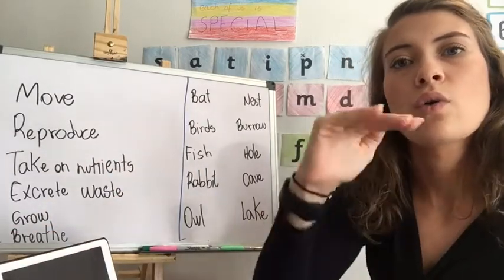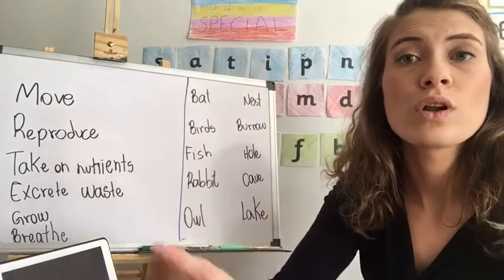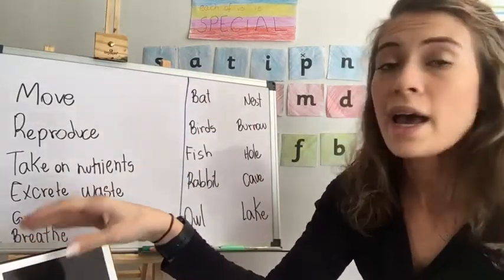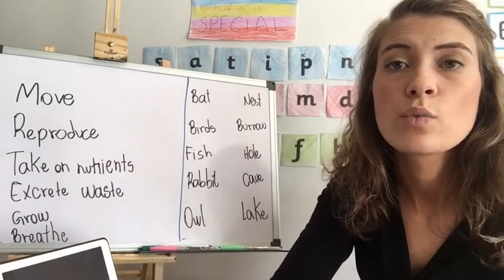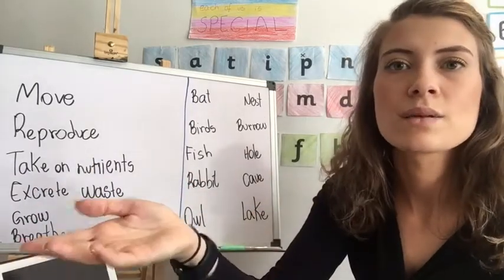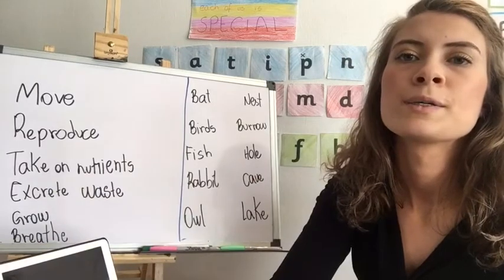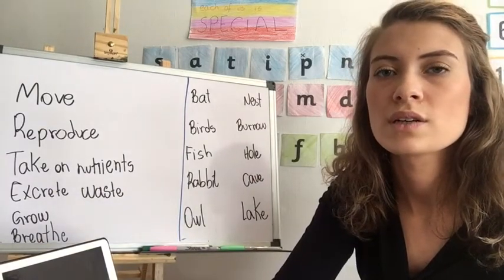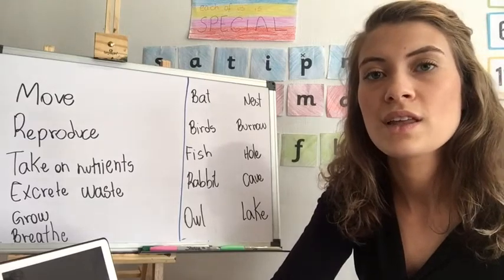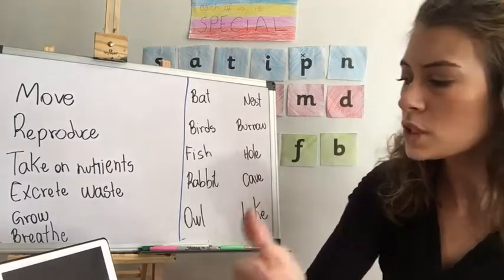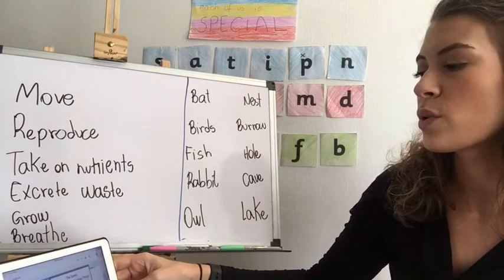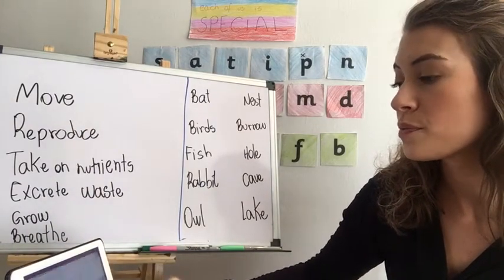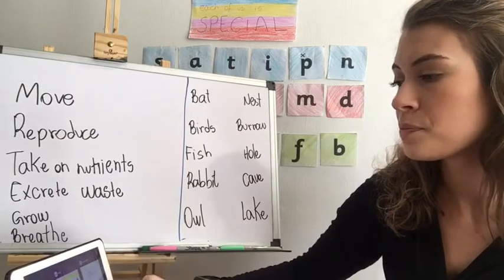So we are growing up. That's one of the characteristics of living things. And we breathe. Plants breathe as well, and that's one of the common characteristics of living things. Okay, good. Now we have revised everything.